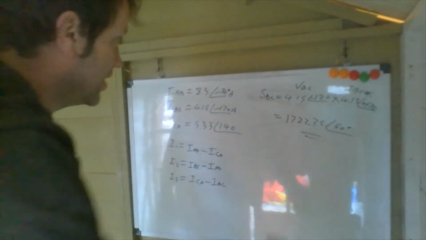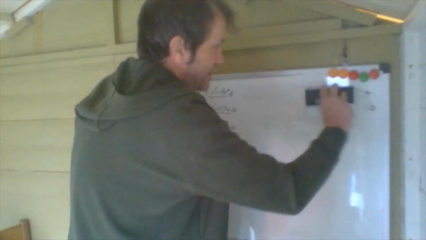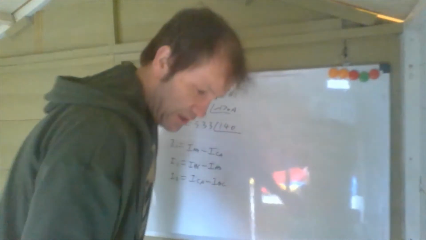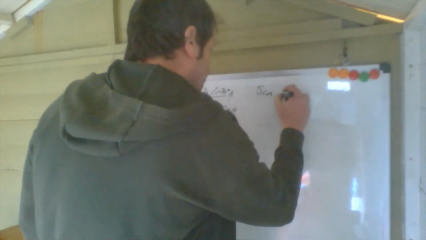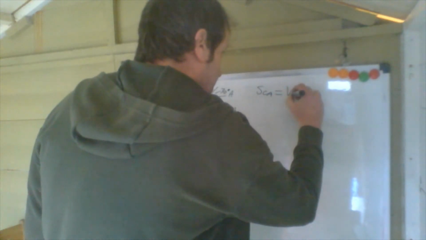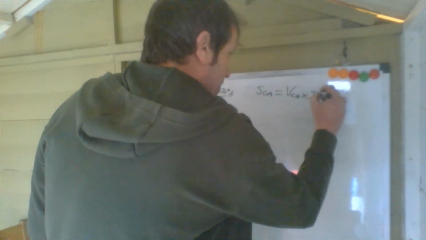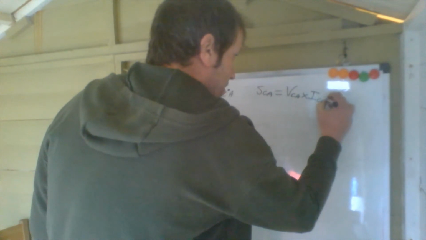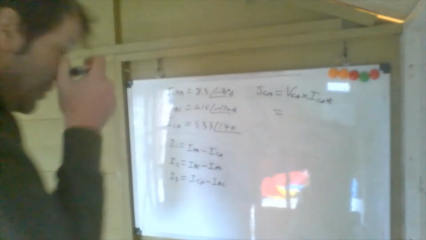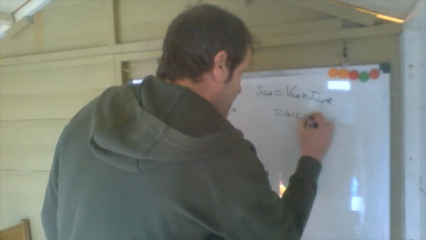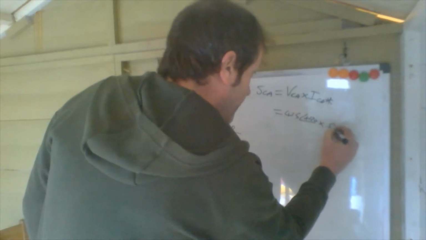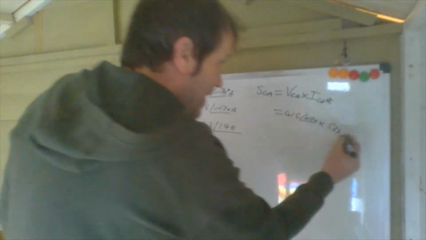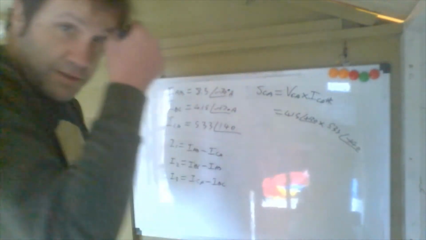And this last one, SCA, is going to equal VCA times current CA conjugate, which is, what was that, 415 at plus 120 times that 5.33 at an angle of minus 140, the conjugate again.